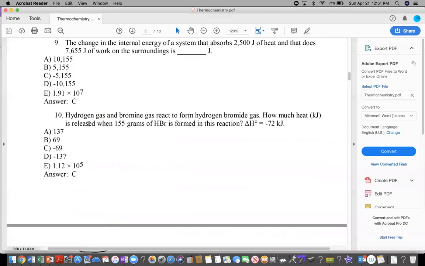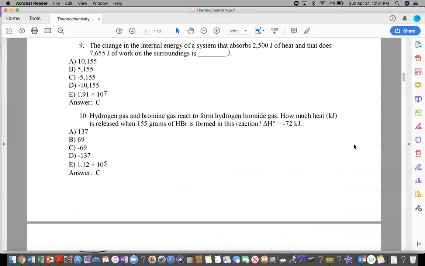So you see this question is like the question that we did earlier, number 22 or 23. Let's see this question. It says hydrogen gas. Let me copy this question.